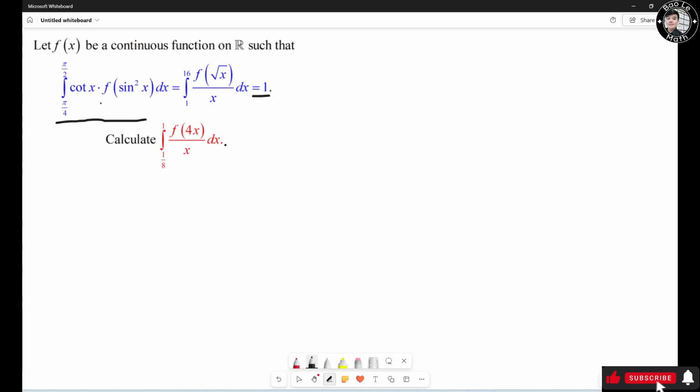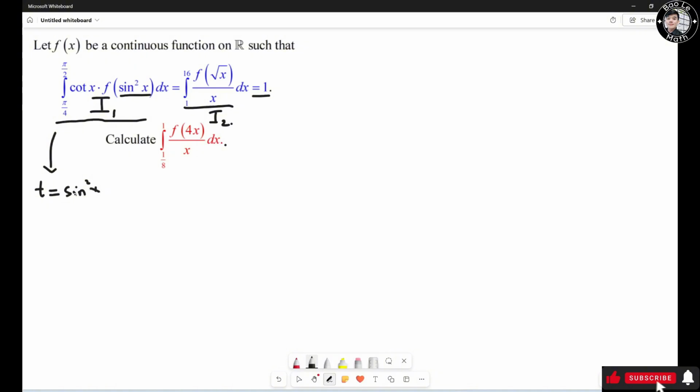So I'm gonna let this one be I1. I'm gonna let this guy be I2, right? Now I need to calculate I1 first, right? So in order to calculate I1, I need to use substitution. So I need to remove this by letting t equals sine square of s, right?